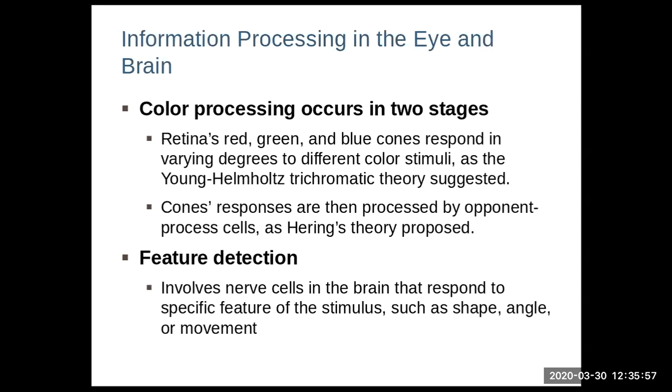So what Hering said is the way that information is taken by the ganglion cells from the cones is in what we call an opponent process way. If they hit one part of the ganglion cell, they'll see one color, and if they hit another part of the ganglion cell, they'll see the opponent color, or the opposite color.